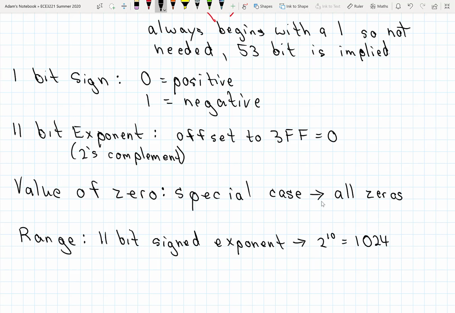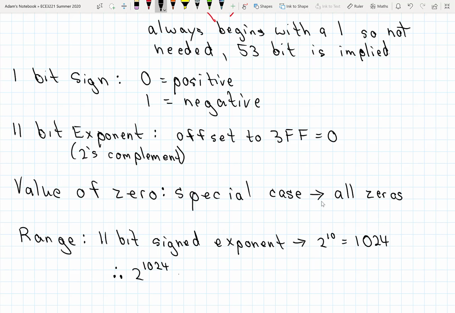But remember, the exponent of this floating point format is on a base 2. So the exponent can be up to 1024, an exponent on a base 2 number.